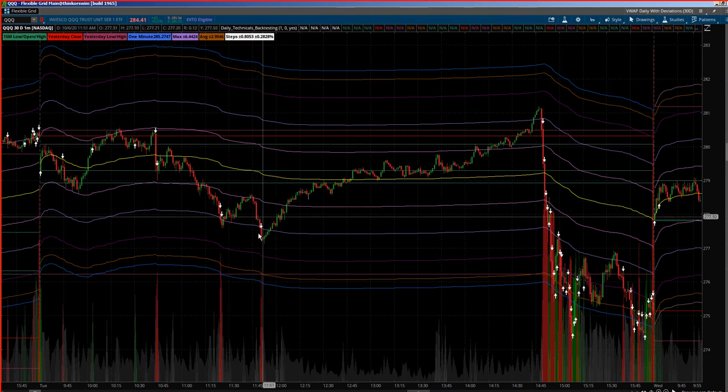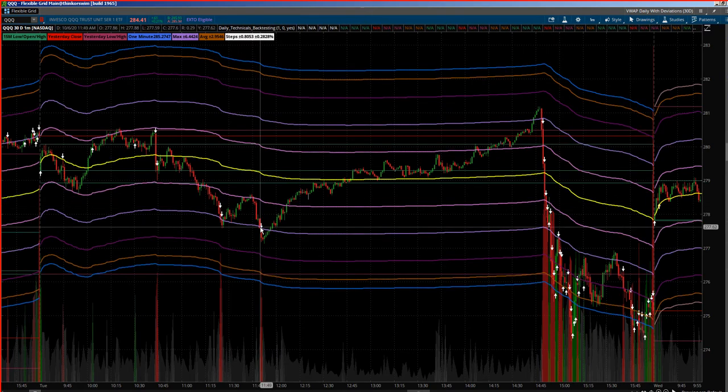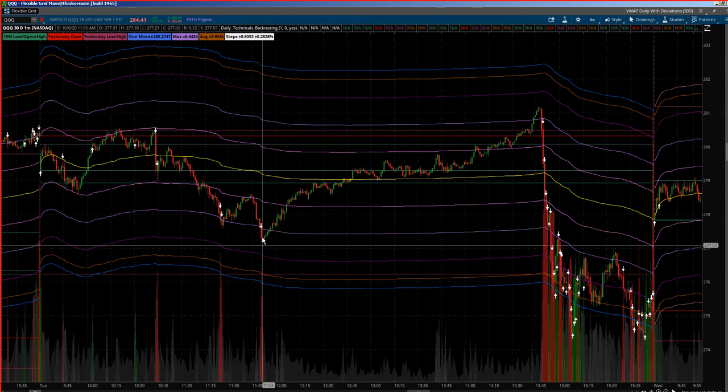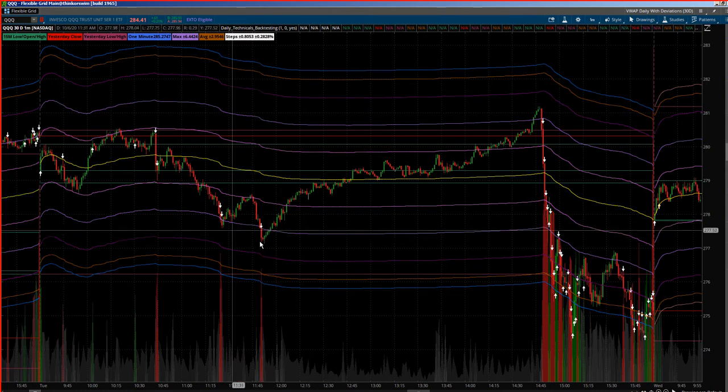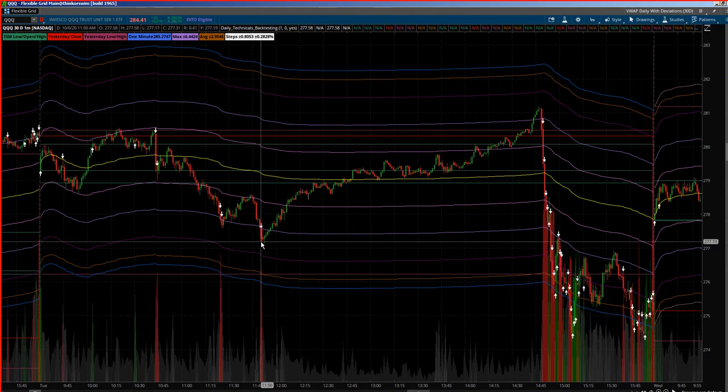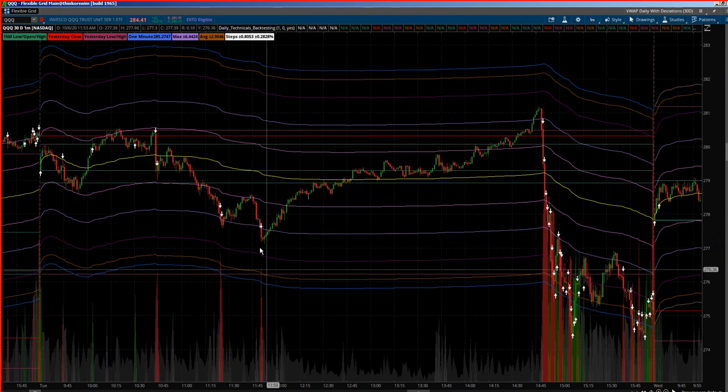At some point there are too many lines, and you don't know what line is what anymore. You could always see another half line if you want to consider it. I just consider it when I use trailing stops. I either use one, 1.5, or two bands as a trailing stop.